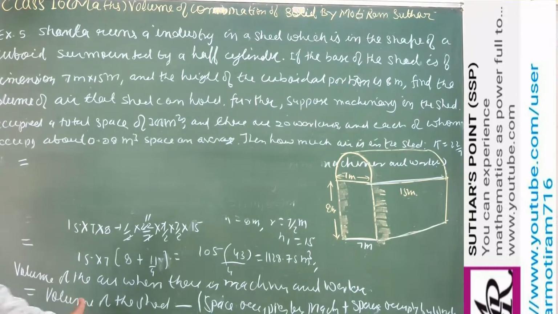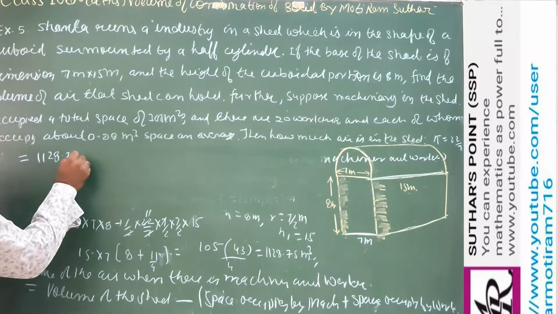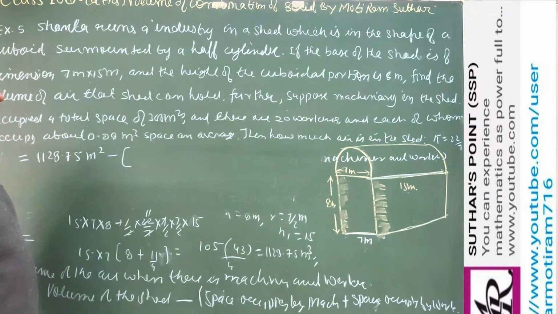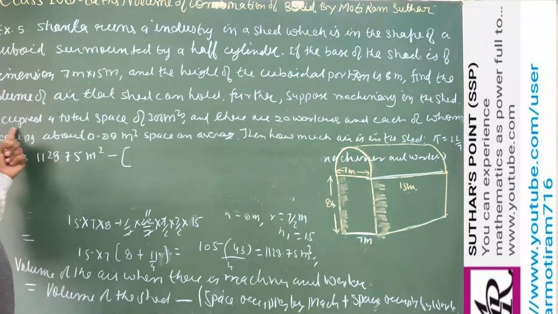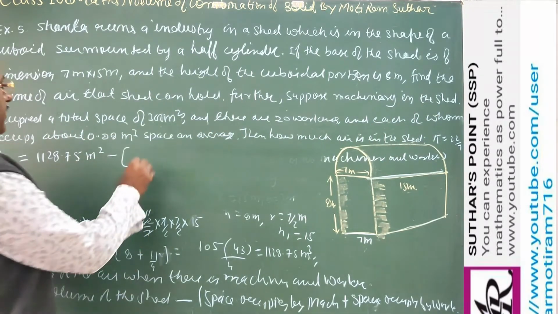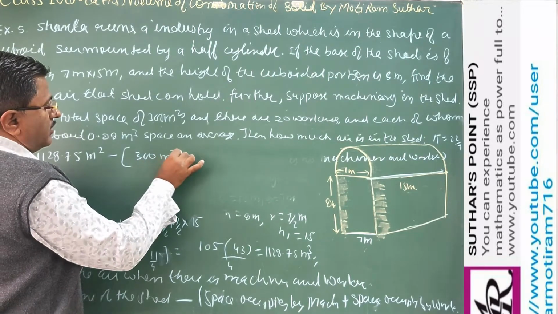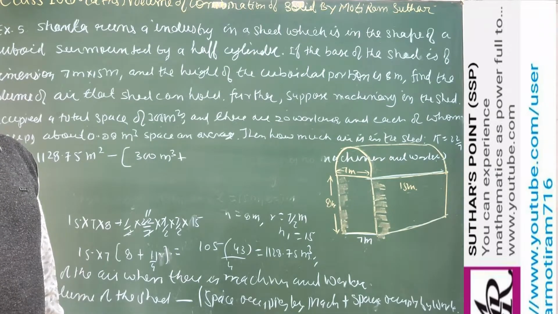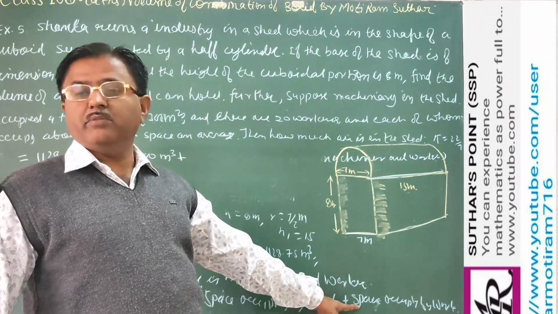That is 1128.75 cubic meter minus the volume of the machinery. Suppose machinery in the shed occupies a total space of 300 cubic meter, plus the space occupied by the workers.